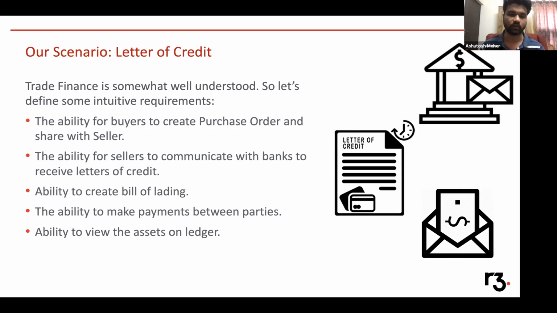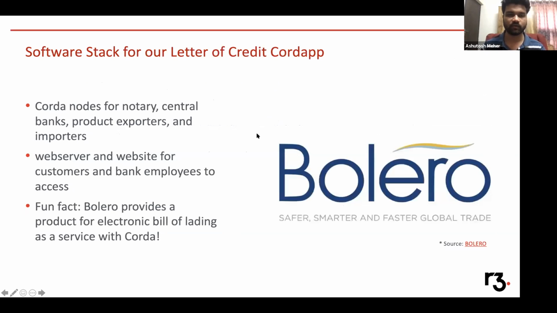So finally it all comes down to payments, right? And obviously the ability to view your ledger and see what's happening with the assets on the ledger. Right. So that's basically what we'll be doing.